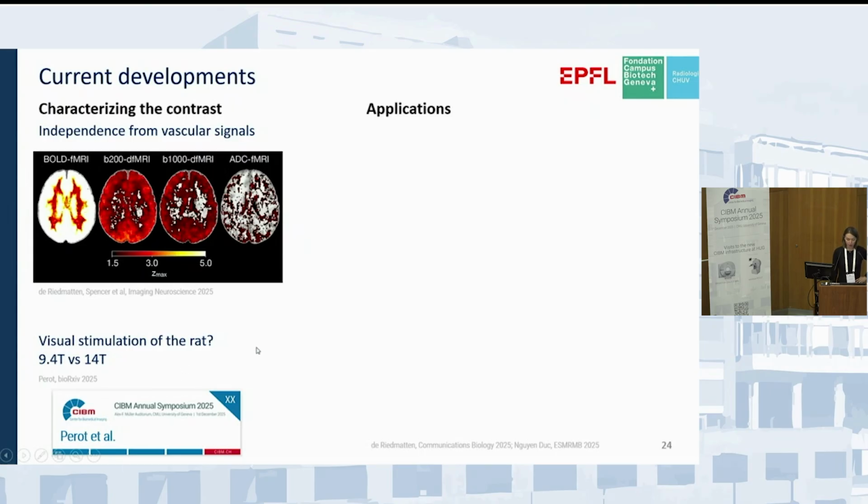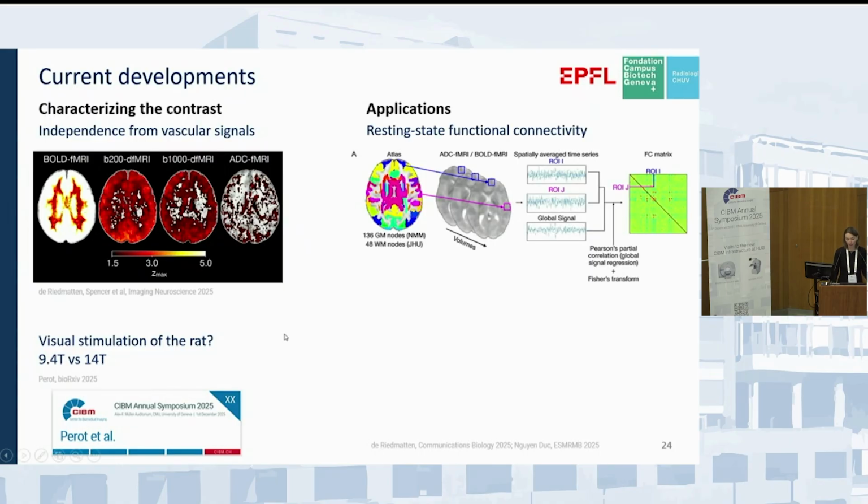And then in terms of applications, one that we think is maybe interesting is using it for resting state functional connectivity. So here what we can do is extend this connectivity matrix not to just accommodate gray matter nodes as it usually would, but also white matter nodes, and try to look at white to gray and white to white functional connectivity.